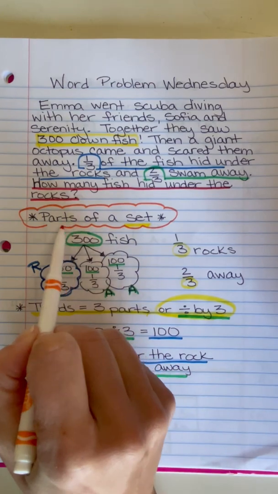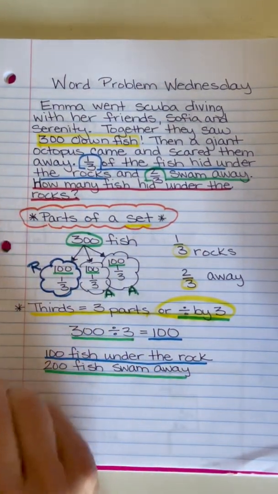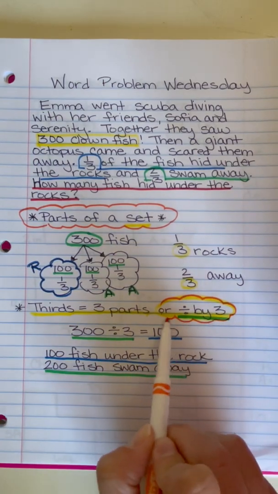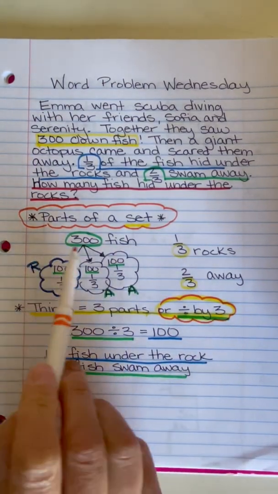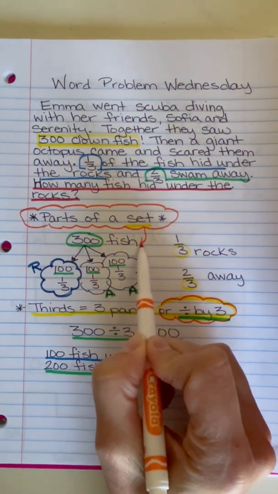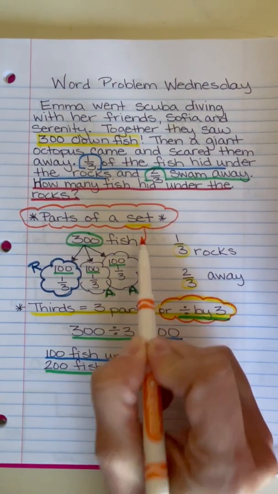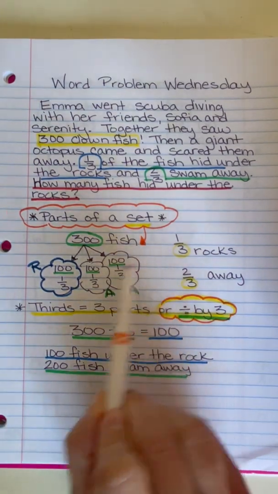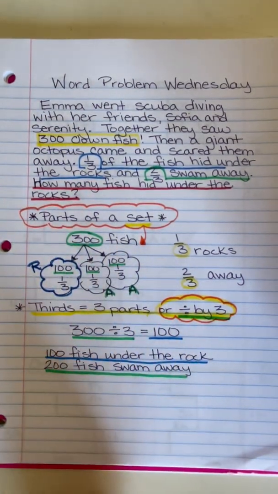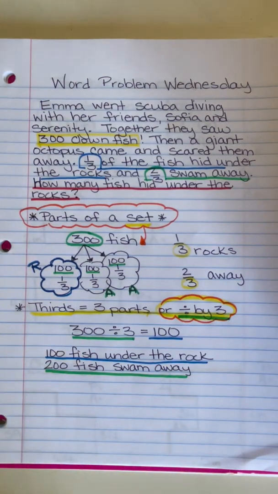And so parts of a set, we are dividing when you do parts of a set. And this was my set right here. Okay, my set was 300 fish. And I was looking for thirds, which means I'm dividing my set by 3. Okay? All right, guys. Good work.